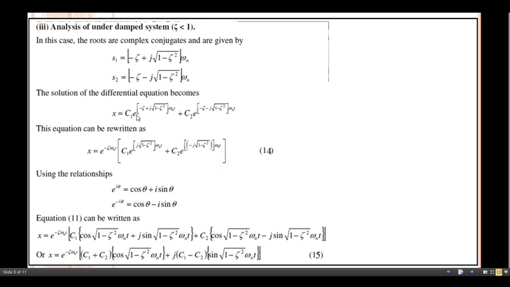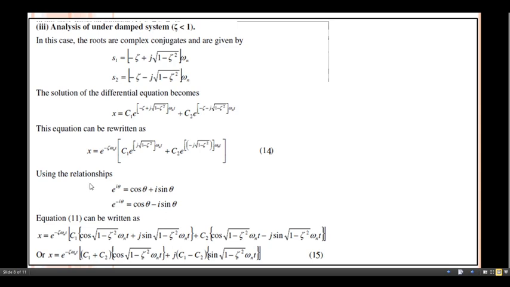Multiply this term into the inside terms and separate the e term like this: e raised to minus zeta into omega n t. Then c1 into e raised to j into square root of 1 minus zeta square into omega n t will come here. Similarly for the second term, c2 into e raised to minus j into square root of 1 minus zeta square into omega n t.